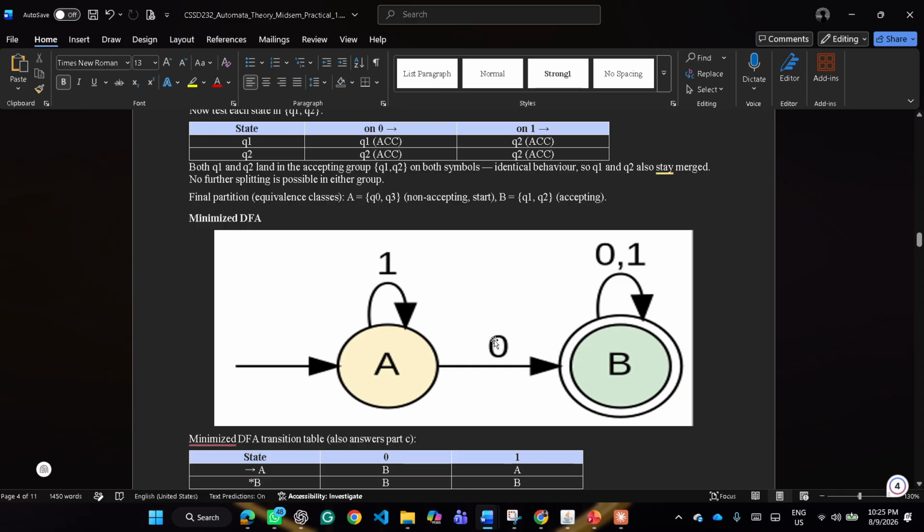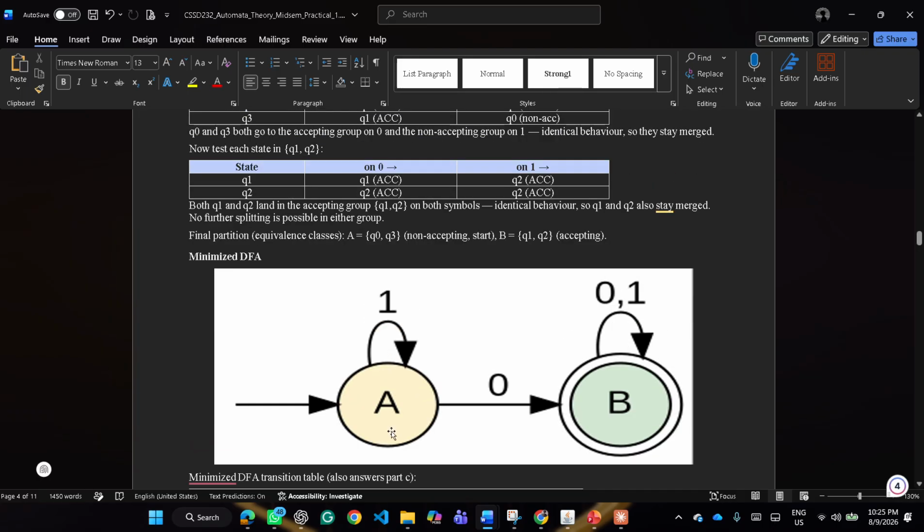Now, why do you have the minimized diagram as this? Like I said, A stands for Q0 and Q3, and B stands for Q1 and Q2. And so this is how it works. This is the start state, and this is the accept state.